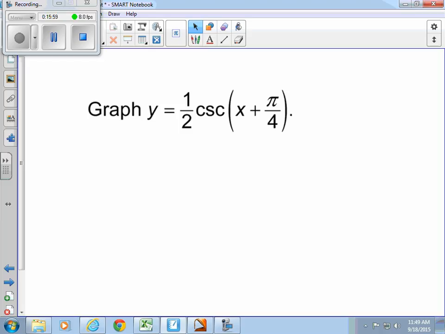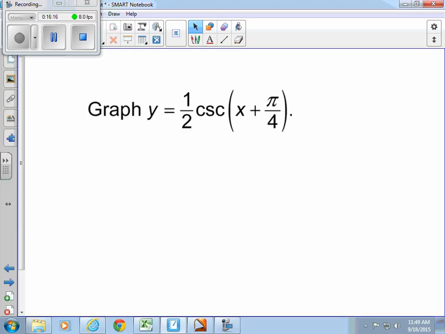Okay. What does this one have? It has an amplitude. Remember, we're saying that word. We know we're wrong, but we're going to say it anyway. It's fine. Right?